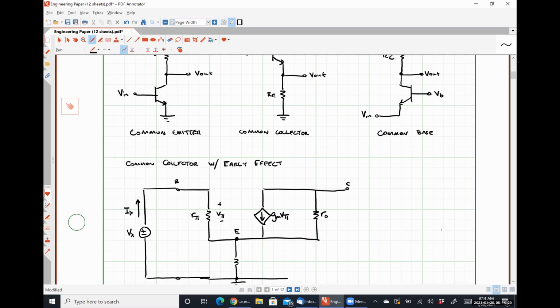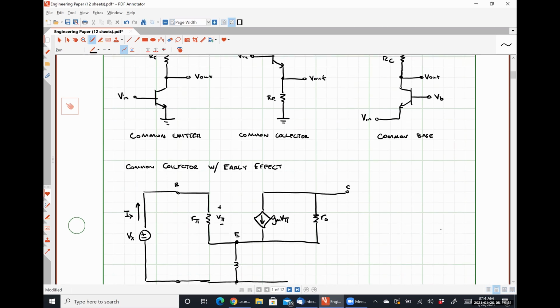Now, the output voltage is the drop over this resistor RE. So I need to make sure that there's effectively an open circuit terminal pair here at our output, which is perfectly fine.